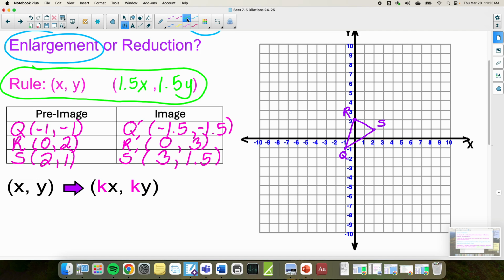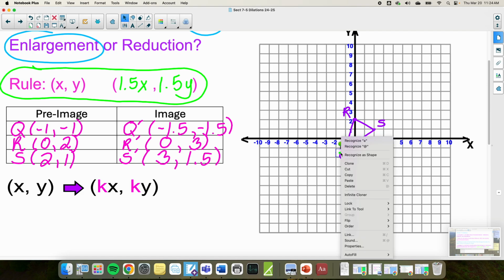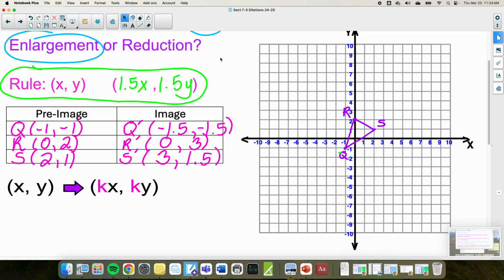Now when I graph the image, Q prime is -1.5, -1.5. So it's not going to be a whole lot off from that when you have a smaller number, remember? The next one is 0, 3. And the next one is over 3, up 1.5. So this is your R prime, this is your S prime, and then this one is your Q prime.